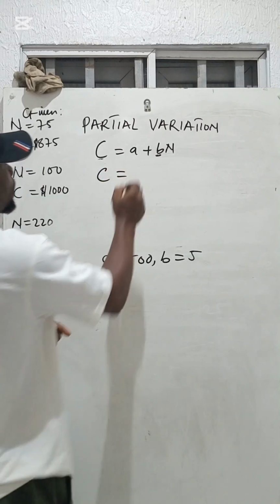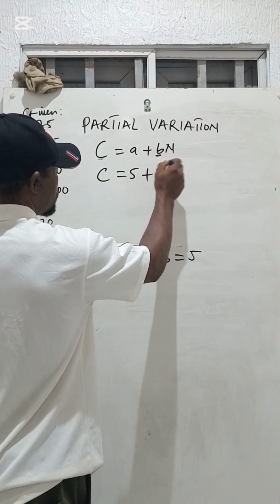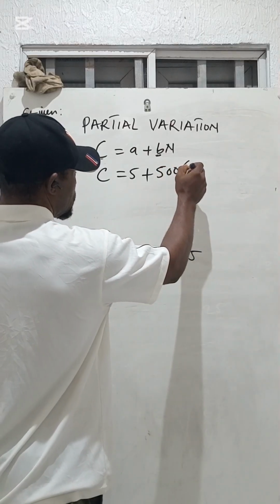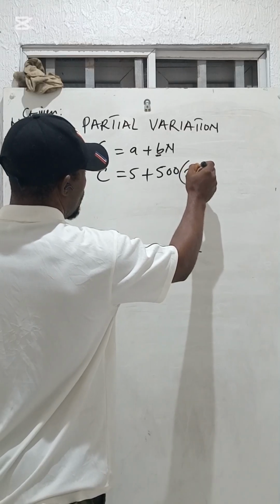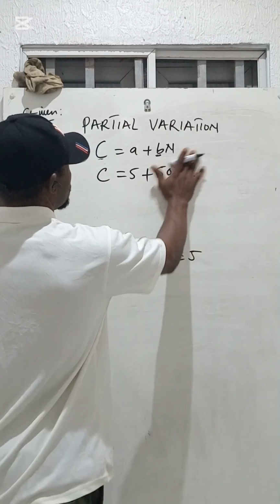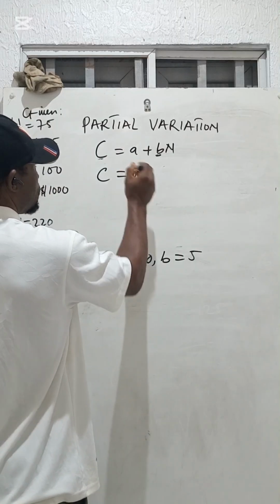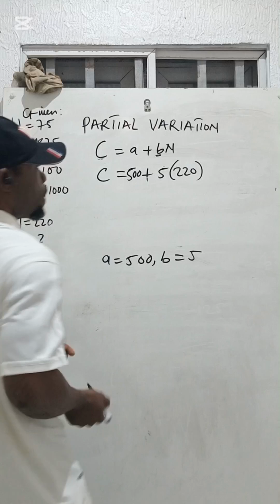The value of A is 500. The value of B is 5.